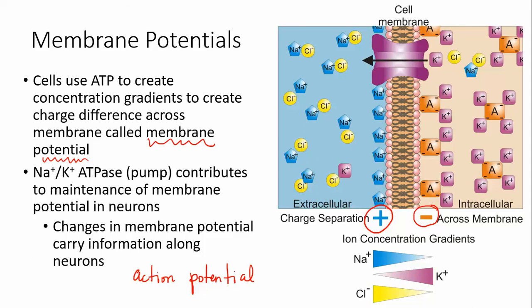So when you have channels open, sodium, which has a high concentration on the outside, will actually rush into the cell, and that will make the cell more positive, which will change its membrane potential. That change in charge, or that movement of charge, is electricity. That's all electricity is, except in electricity, your moving charges are electrons. So, like I said, I'll try and do another video later to go over that.